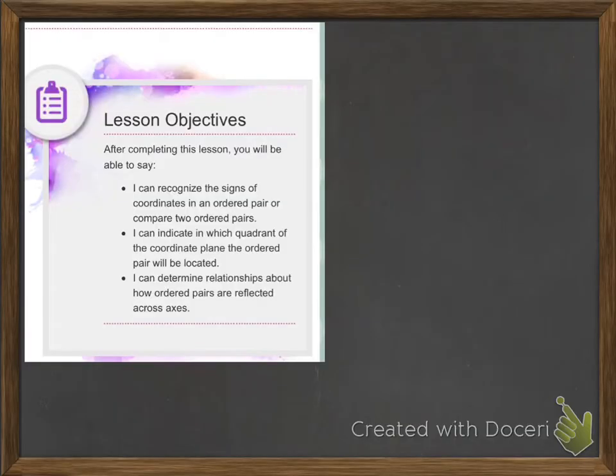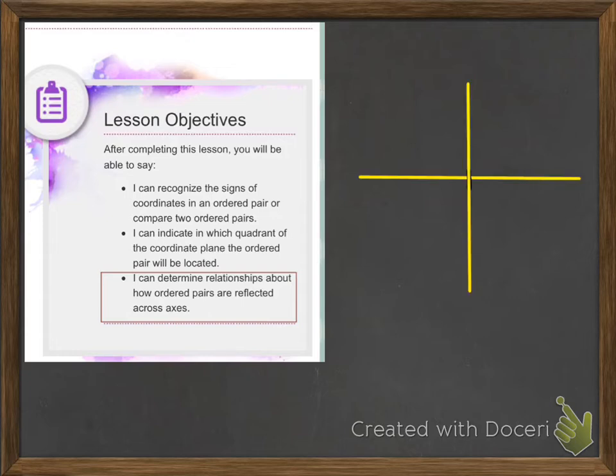All right, so we've got one more thing to go through. Now we can determine the relationships about how ordered pairs are reflected across axes. If you recall, during the lesson module, they talk about mirror images. When you're looking at your reflection in the mirror or across a pond in the water, if you wave to yourself with your right hand, the image is waving back to you, but with the left hand.